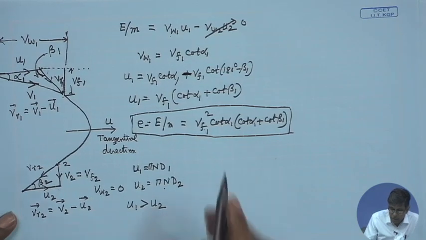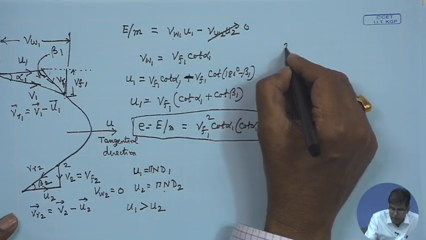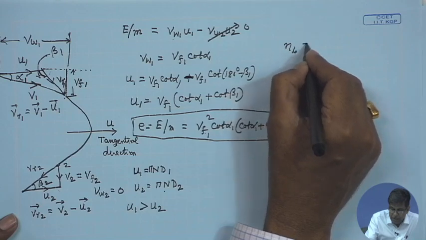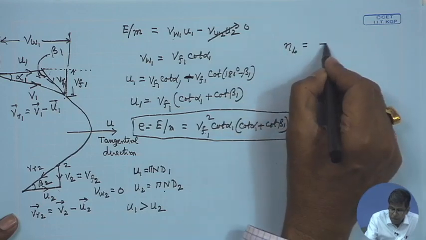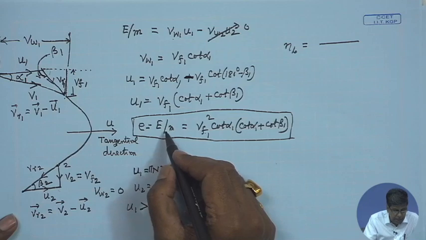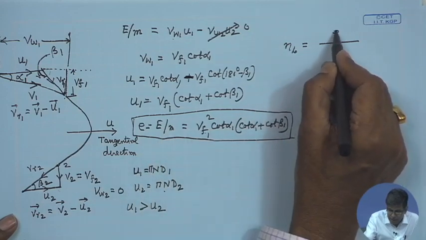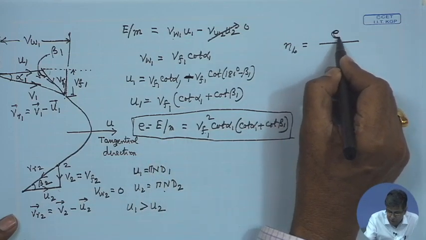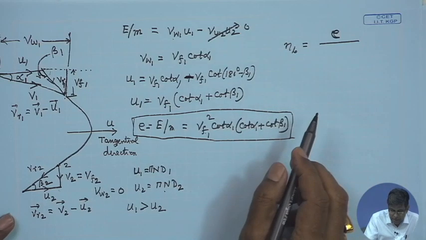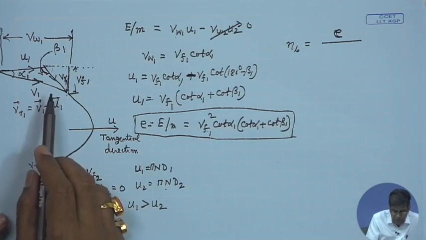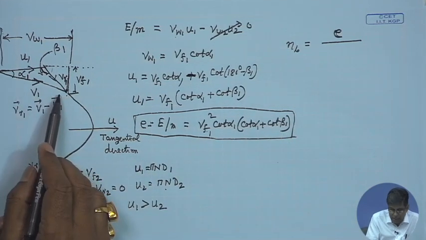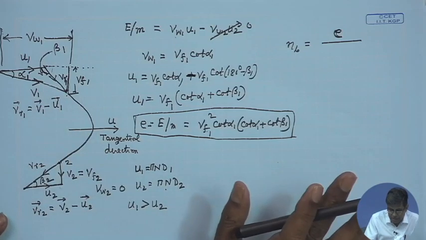Now, here we define a blade efficiency eta B as this energy delivered to the rotor divided by the input energy. Now, here input energy is not the kinetic energy, that is the concept.